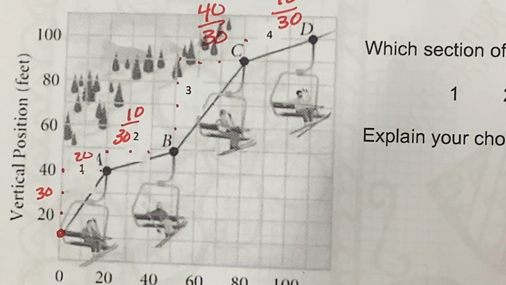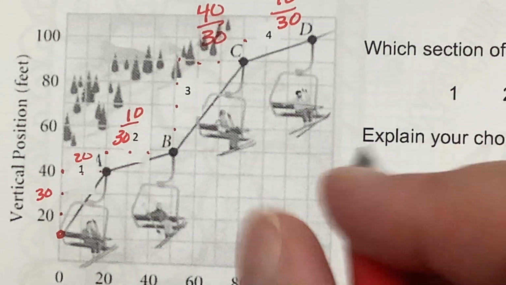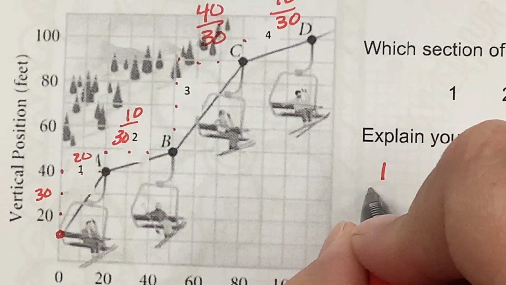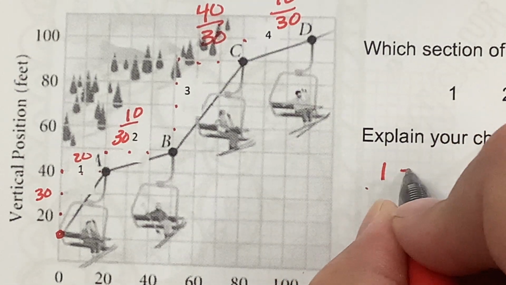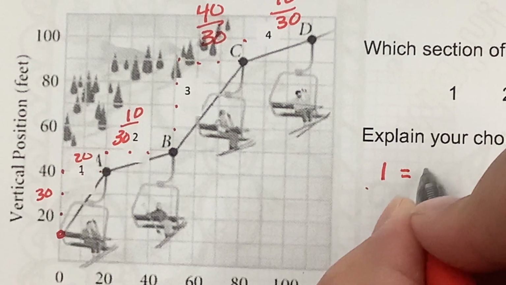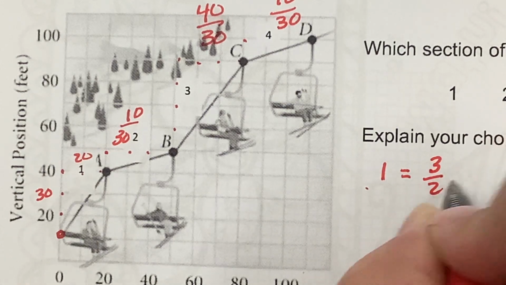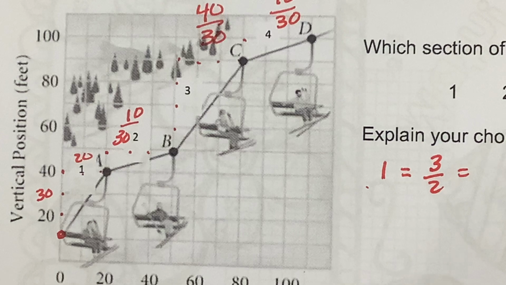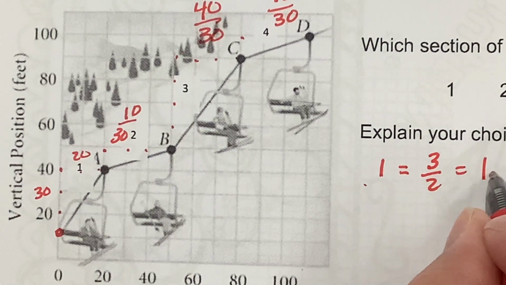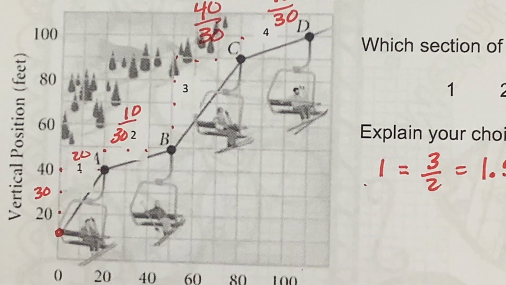So, what is each section? Section 1 is 30 over 20, which is 3 over 2. And if I change that into a decimal, it's 1.5. I'm doing this for a reason. It makes it easier for me.